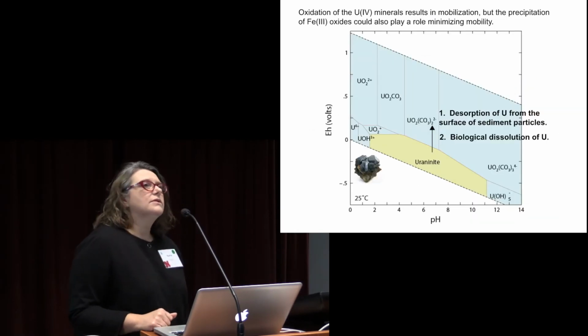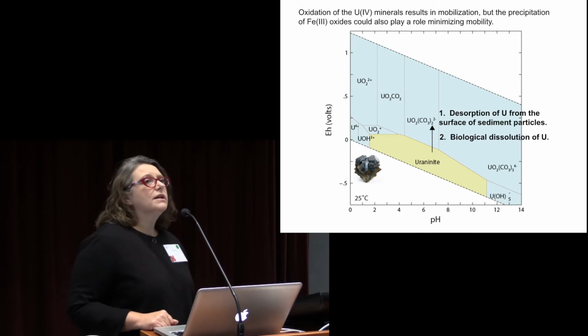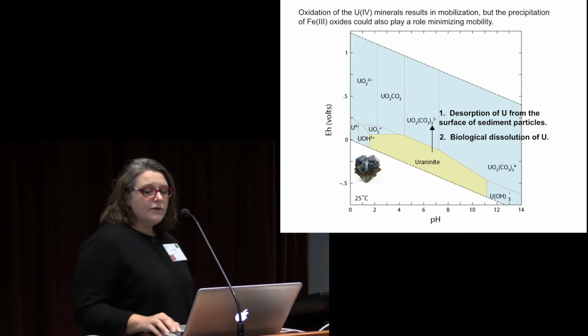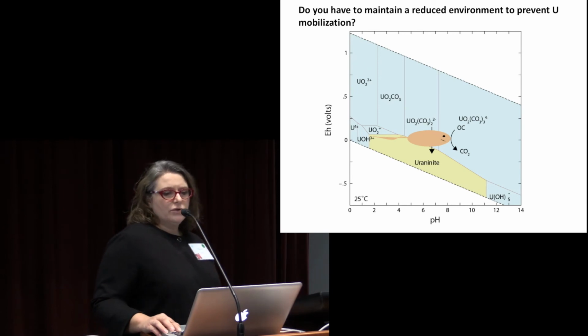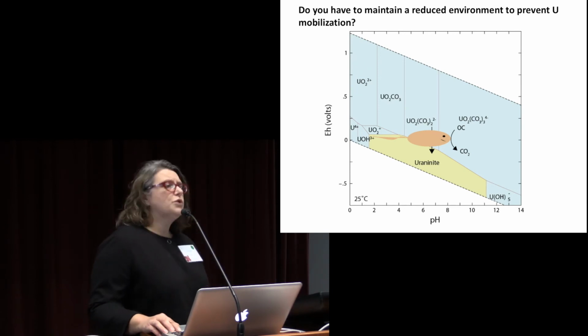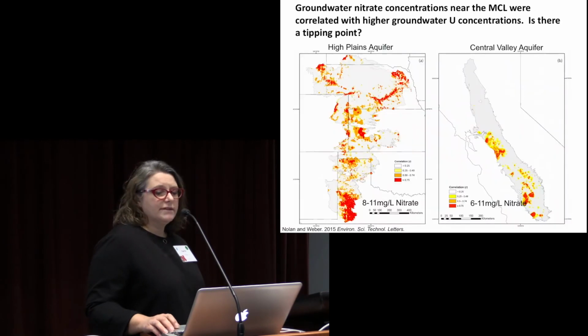Together, these results reveal that, yes, desorption is playing a role in releasing uranium into these systems, but biological dissolution of uranium can also play a potential role in increasing groundwater uranium concentrations. This brings us to the question: do we have to maintain a reduced environment to prevent uranium mobilization?